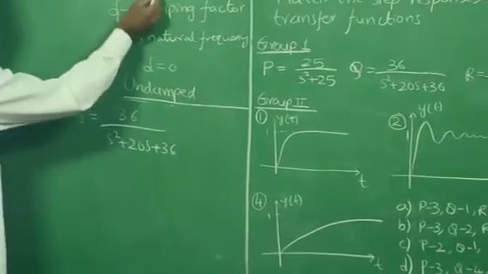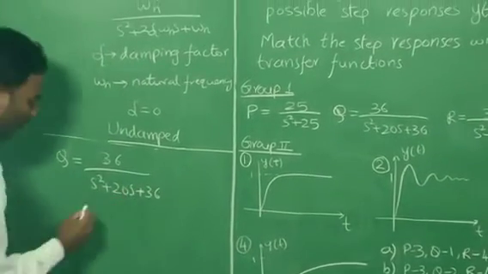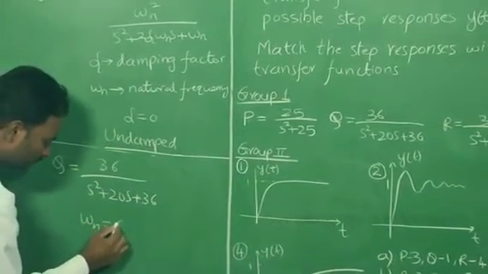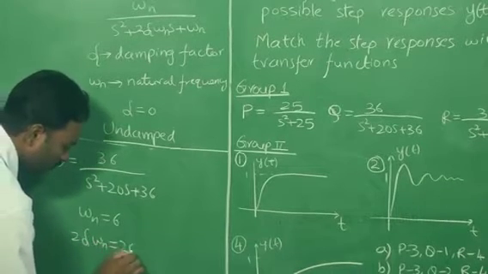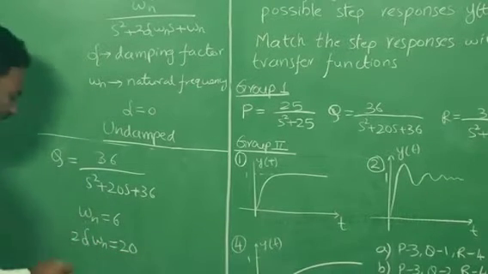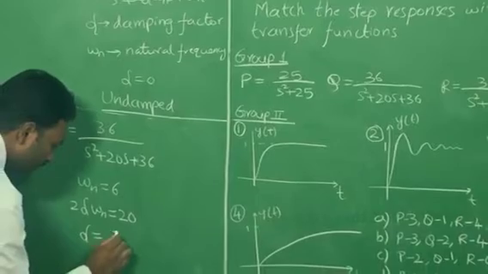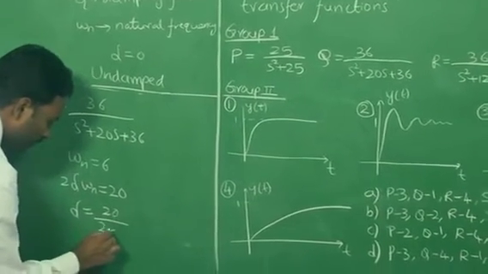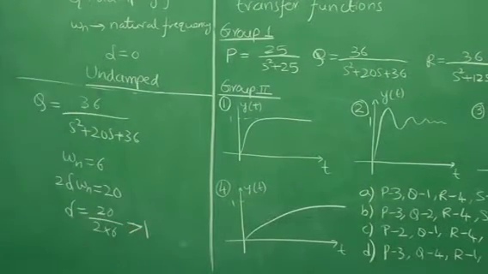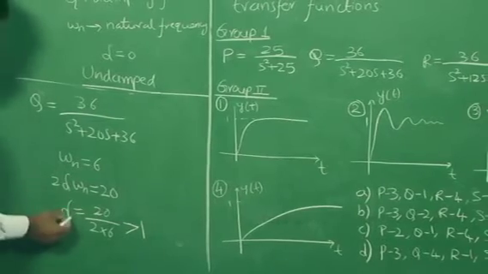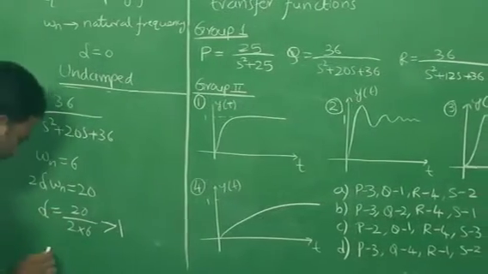Now comparing with the standard function, what we get is omega n is 6 and 2 zeta omega n is 20. That is, we can write zeta is equal to 20 divided by 2 into 6, which will be greater than 1. 20 divided by 12 is greater than 1, which implies that the output will be overdamped.